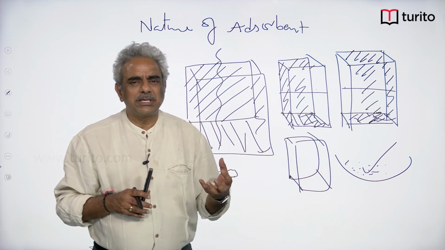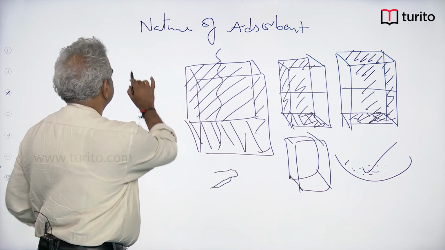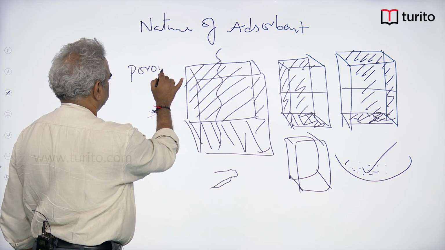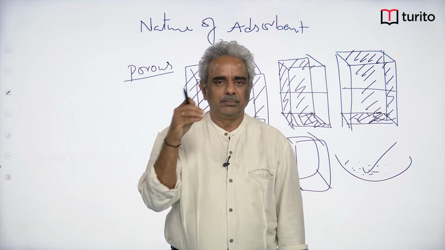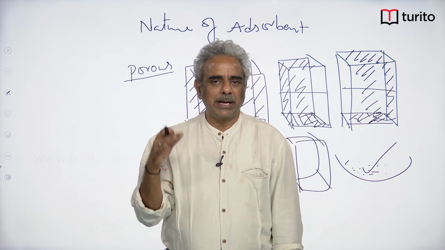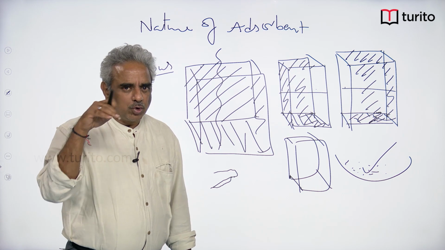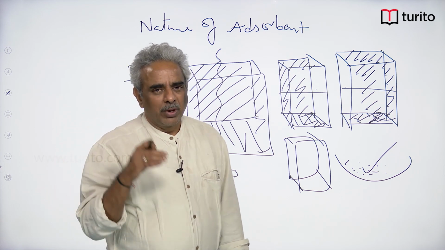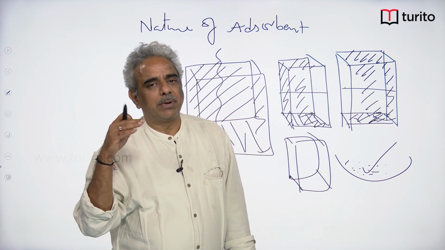And some substances by nature will be very porous. What do you mean by porous? Porous means there will be holes in it. Holes like in a sponge. If you look into the sponge, there will be so many cavities. Within the bulk you will find cavities.